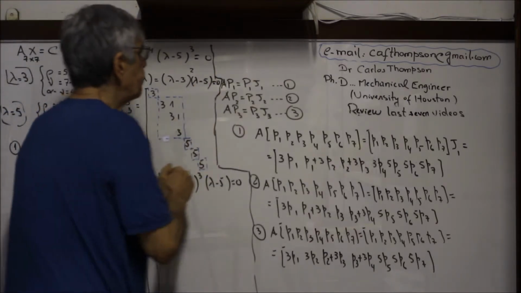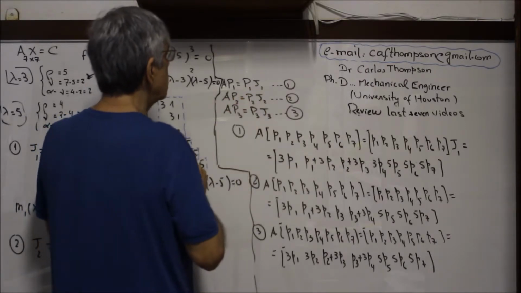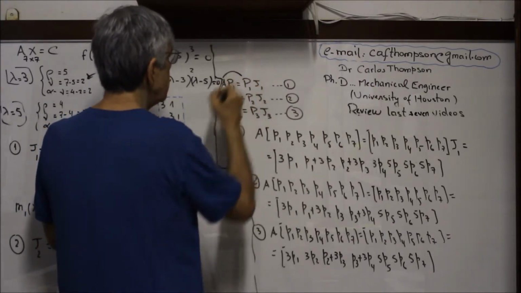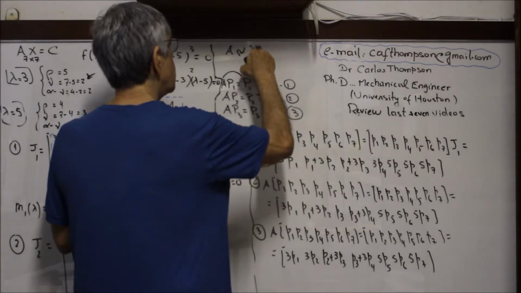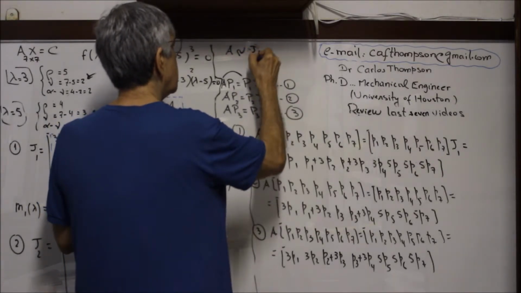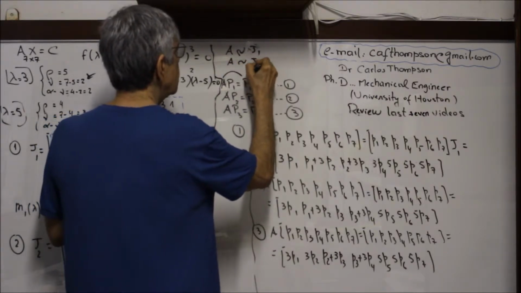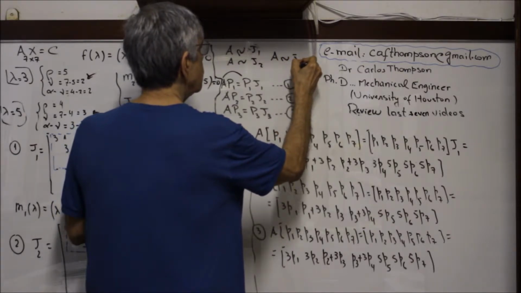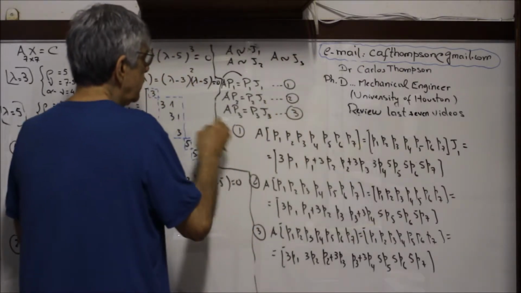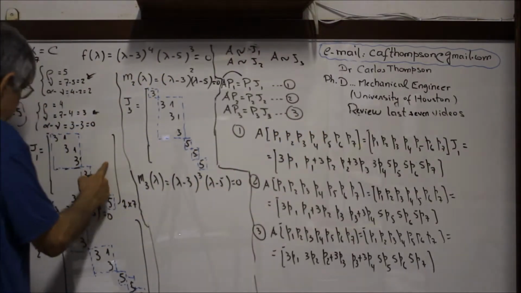Now let's see here. AP1 is equal to P1 J1. So A is similar to J1. And here, A is similar to J2. And A is similar to J3. Now, look at here.